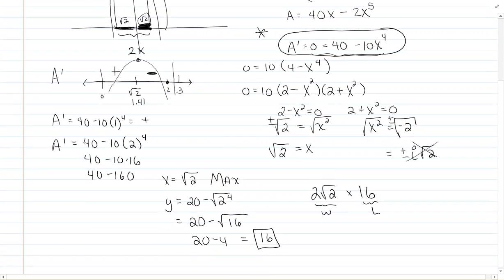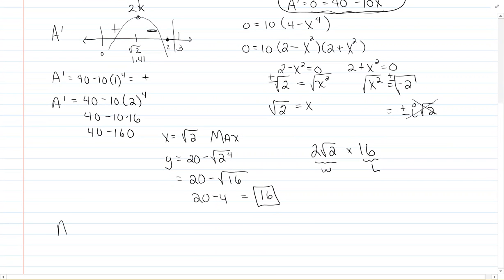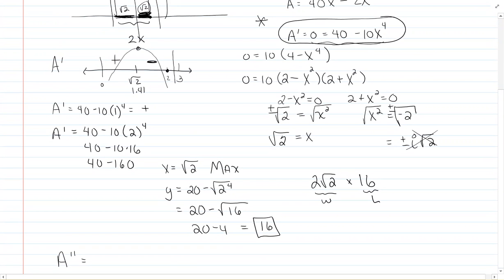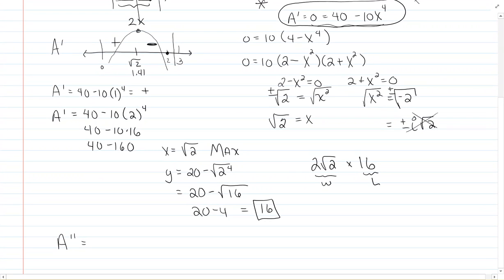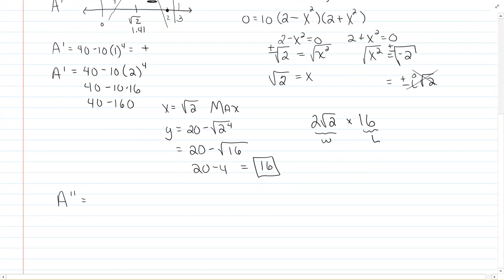What he showed was you can take the second derivative. All right, so the second derivative of what I have up here with the stars around it. If I take the second derivative of it, the 40's gone because the derivative of a constant is 0, and then bring down the 4 and get negative 40x to the third. And if you plug your critical point of radical 2 in for x, and it's a negative number, that means it's opening downward.